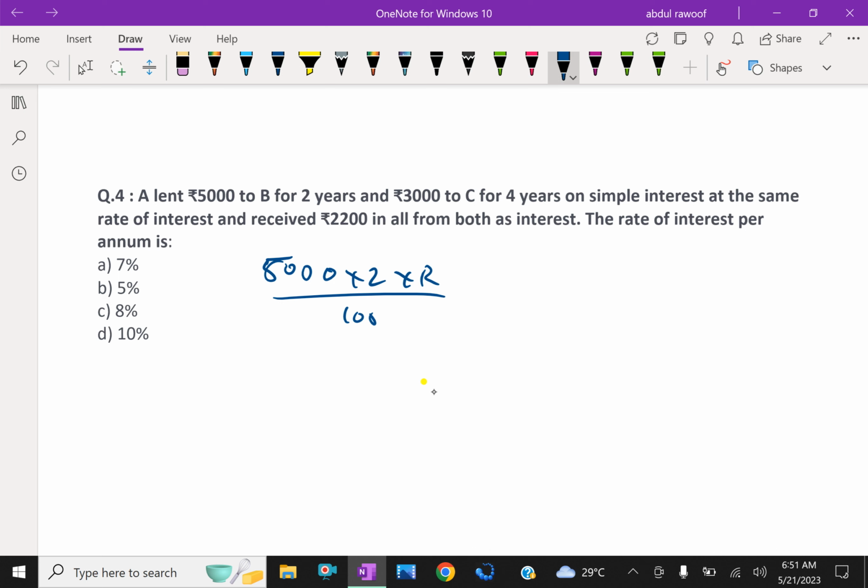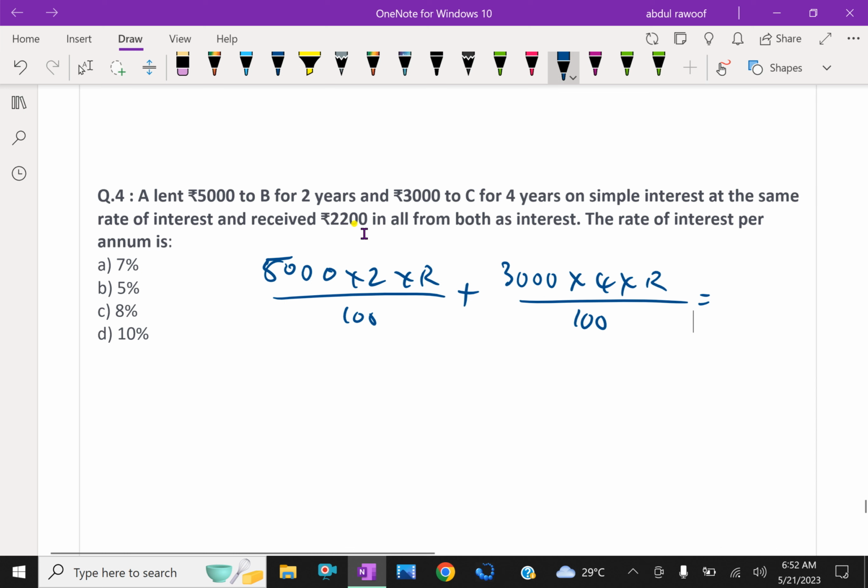This is interest for B, and interest for C is 3,000 into 4 years and rate of interest we don't know, by 100, which is equal to the together interest from the 2 persons. From the 2 persons we get interest is 2,200. From this we can get R.